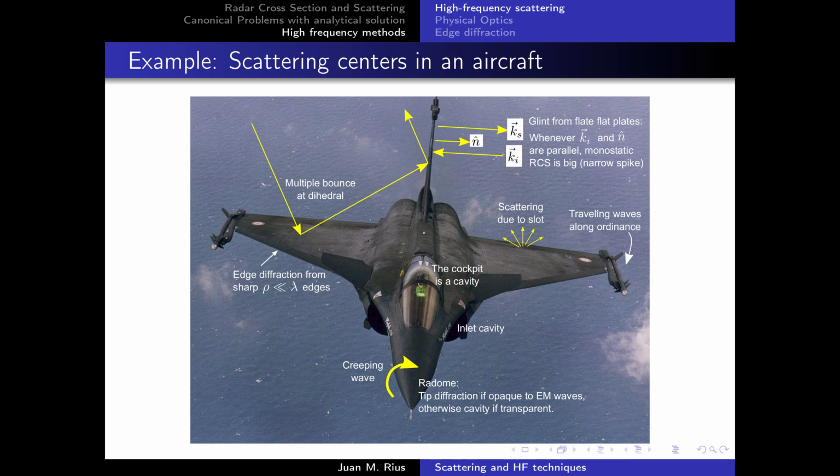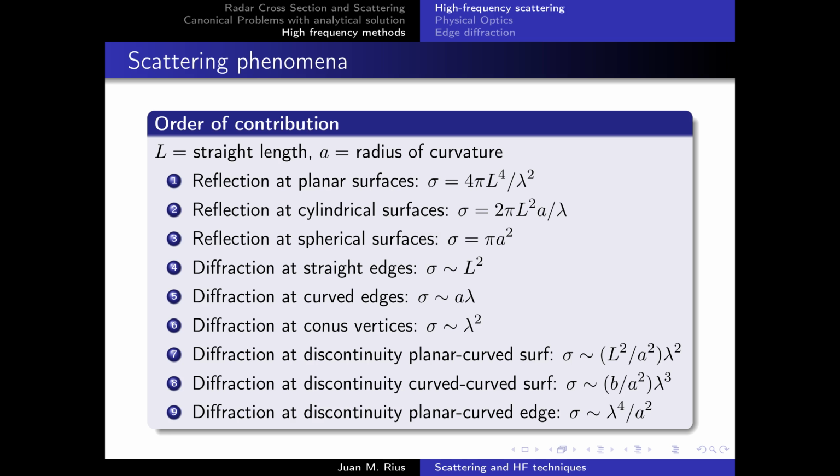It can be complex, so we have to account for the minimum amount of contributions that significantly contribute to the overall scattering. So we must know which are the most important contributions in order to sum only the most important ones and not all of them, because it would be a nightmare. It would be a very difficult task. So in order of importance, the most important contribution is reflection at planar surfaces.